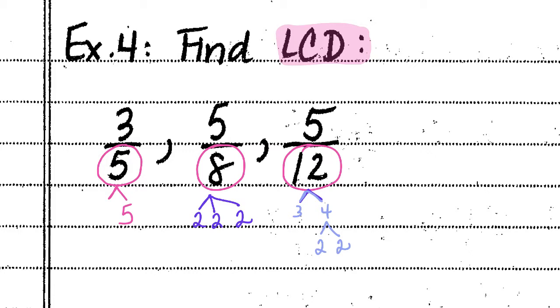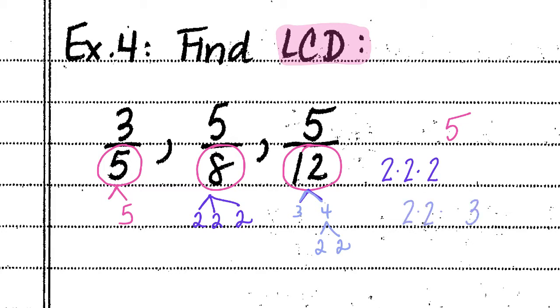So to find the least common denominator here, we do have to take what's in common. I'm going to line this up. I have 5, and then I have three 2's. And on the bottom, I have a 2 and a 3.